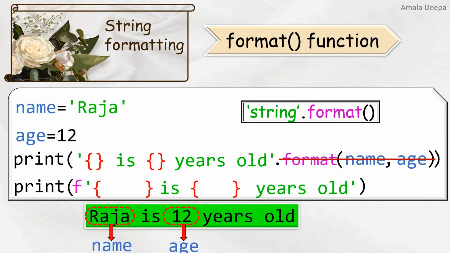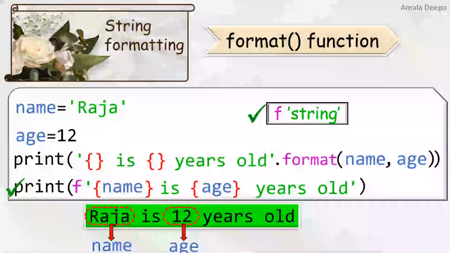And then these two variables, name and age, you just fill inside the placeholder, like this, name in the first placeholder, age in the second placeholder. So the first print statement follows the syntax string dot format, and the second print statement follows the syntax F string.